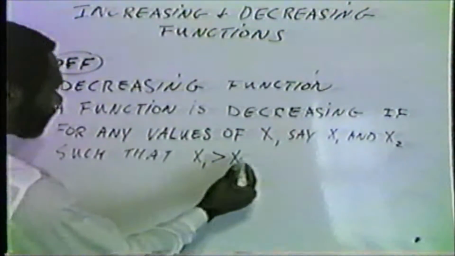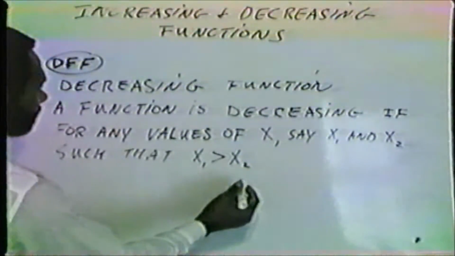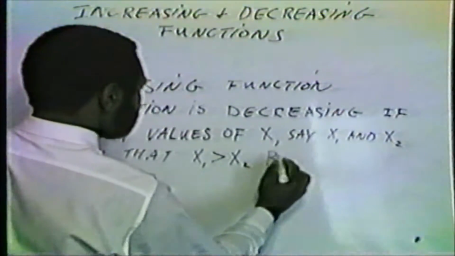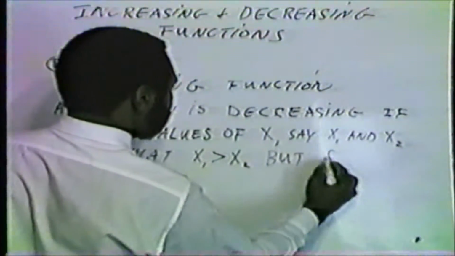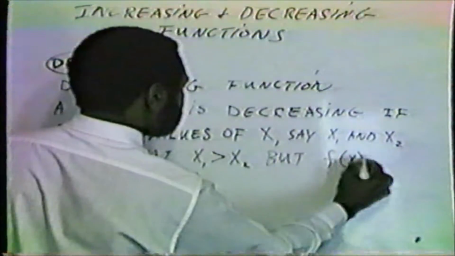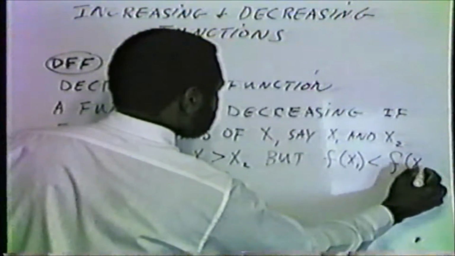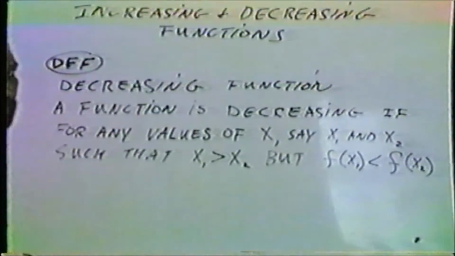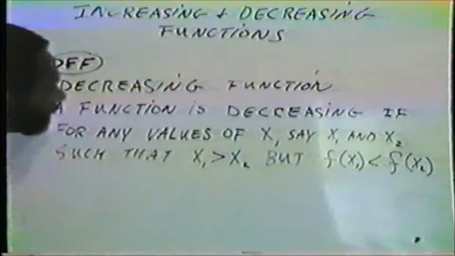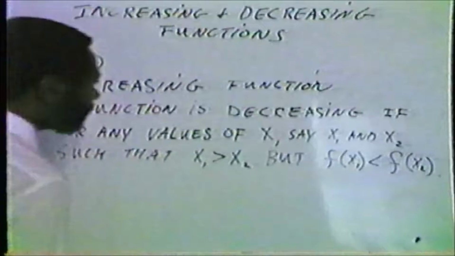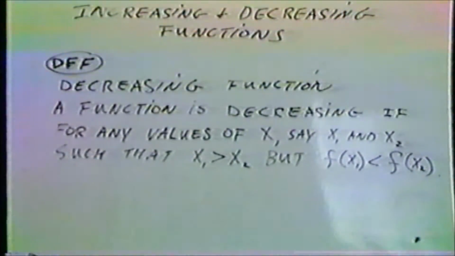We have x of 1 is greater than x of 2, but f of x of 1 is less than f of x of 2. This is the algebraic definition of a decreasing function.